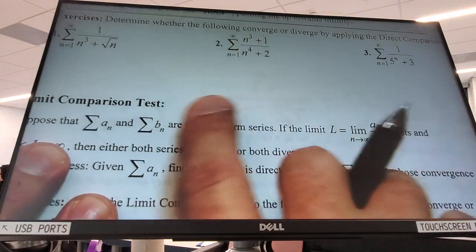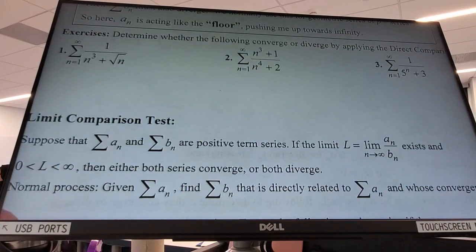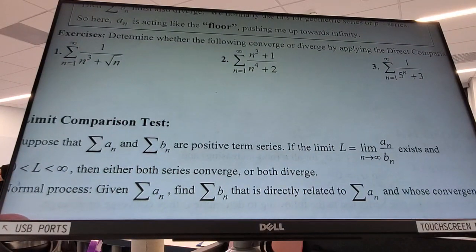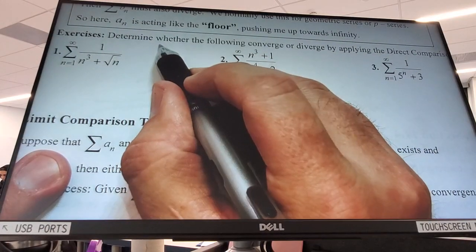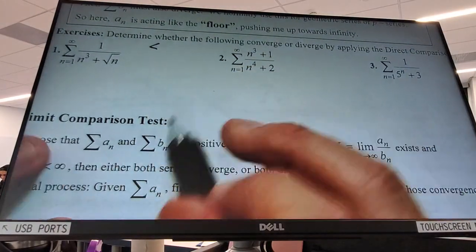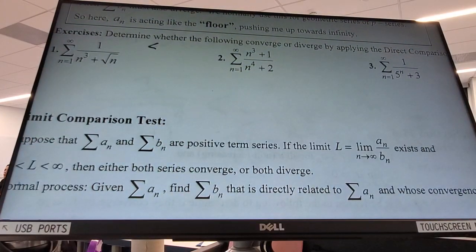No. Alright, so if it converges, I want the inequality symbol to go this way, meaning the new thing I'm making has to be bigger. And then vice versa for a floor, for divergent.